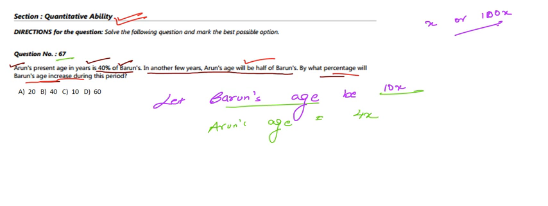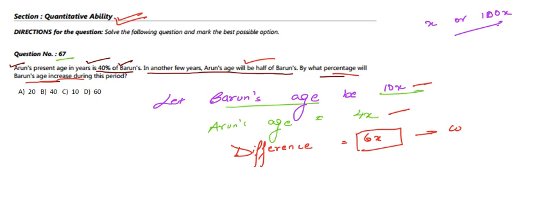We can tell here that the difference between both the ages will be 6x, that is 10x minus 4x, which is 6x. The difference between the ages of two persons always remains constant, so this 6x will always be constant. So we have the age of both Barun and Arun, and we have the difference between their ages.